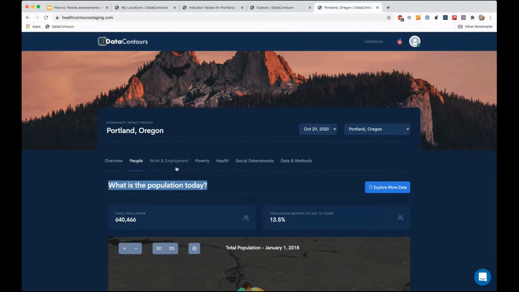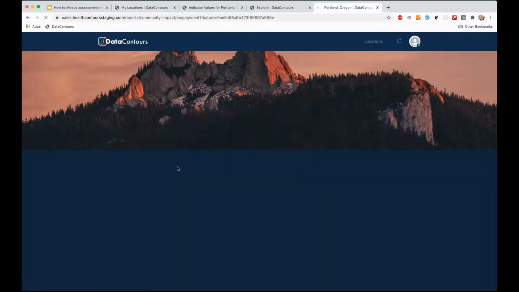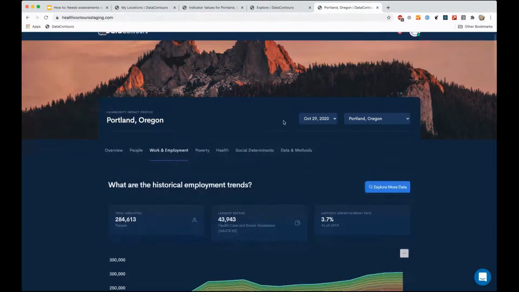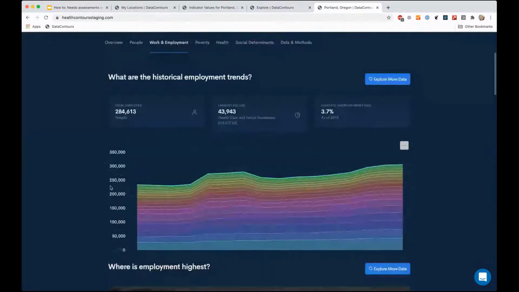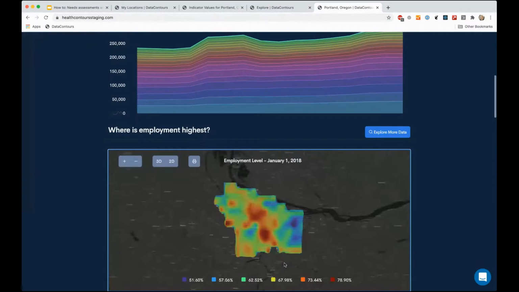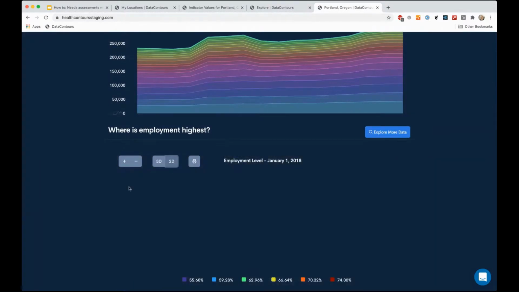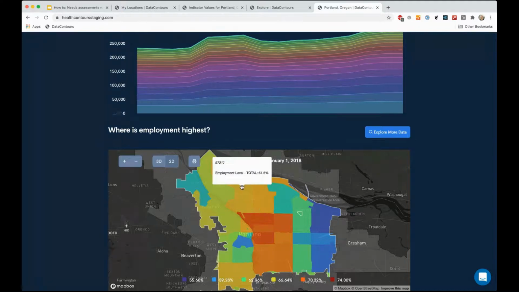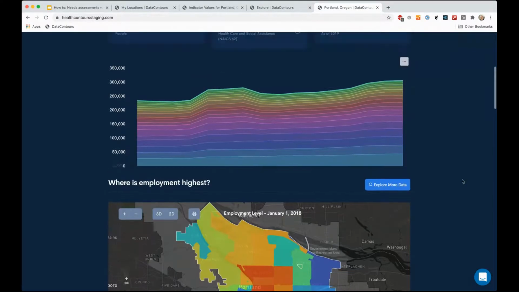When we get to work and employment, for those of you that have seen this, the new features are being able to go back and look at previous week's projections, as well as we now have the maps integrated into this report directly, which is cool. So it's the same 3D and 2D maps that you can see and print for each of the relevant indicators.